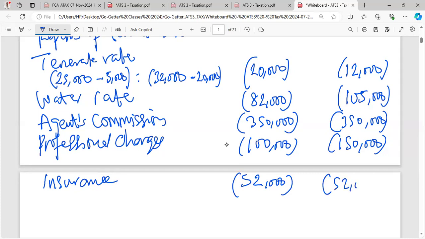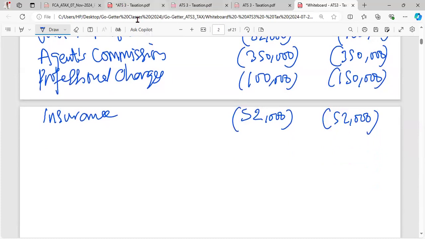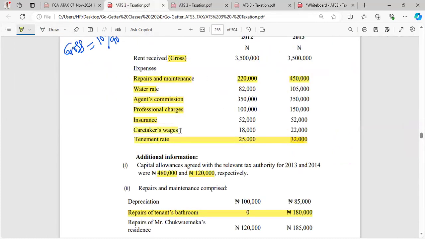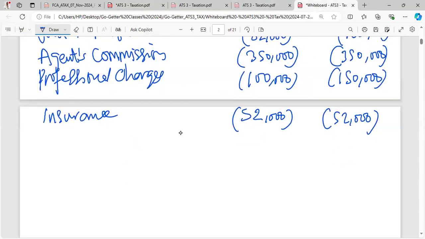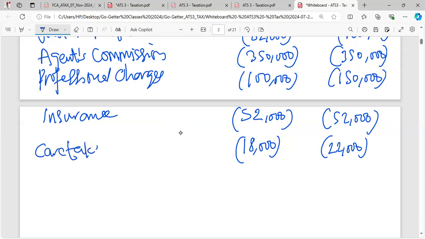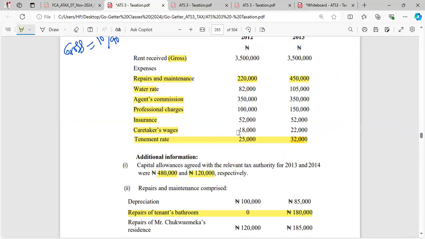We have 52. What next? Caretaker's wages, 18 and 22. Put the 18 and 22 here. 22. Of course, this is caretaker wages. Are we done? Yes, we are done.